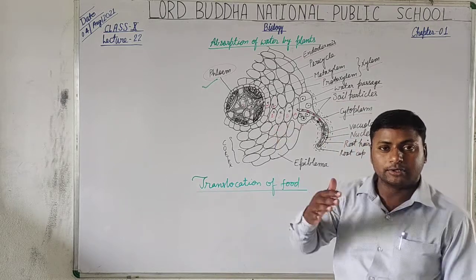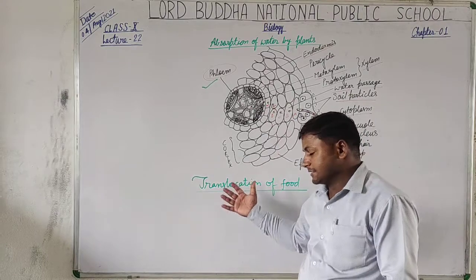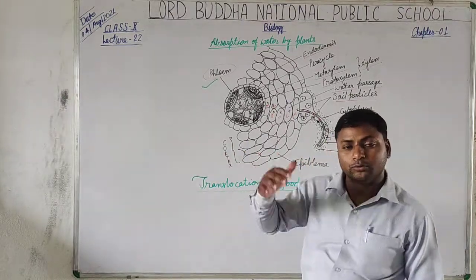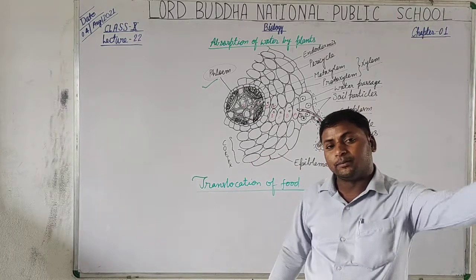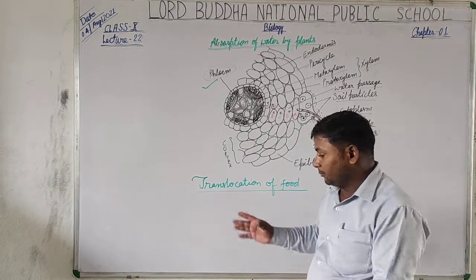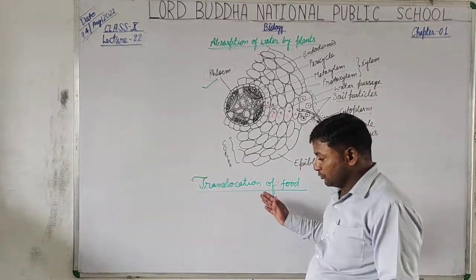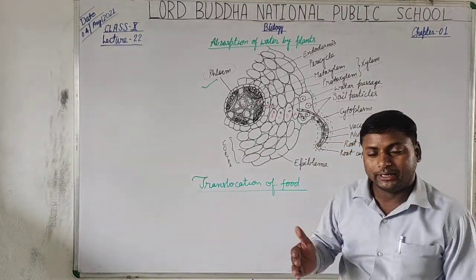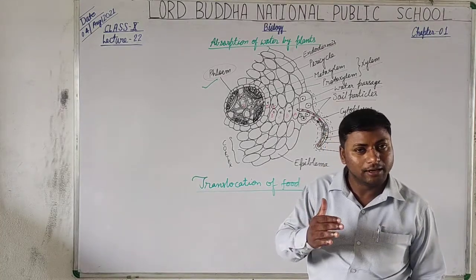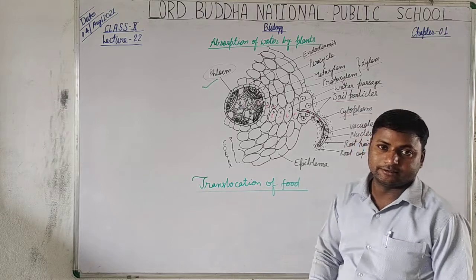So food moves from the leaf to each and every part of the plant body by diffusion, the movement of substances from a region of higher concentration to a region of lower concentration.